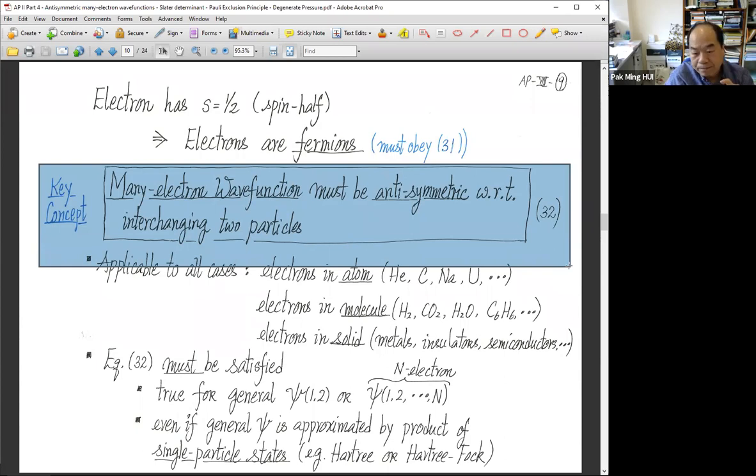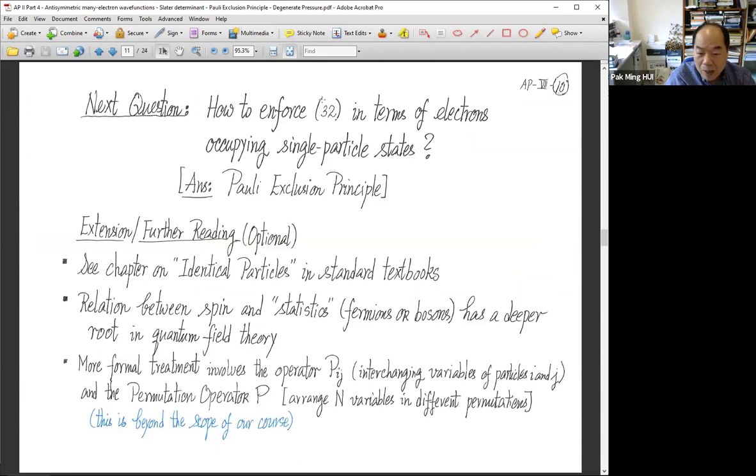Now the question for us becomes, how can we enforce this when we write the two electron wave function as some sort of products of single electron atomic orbitals? We have two electrons both in 1s. How do we make sure that when you interchange the coordinates, it is antisymmetric? It seems rather tricky, right?